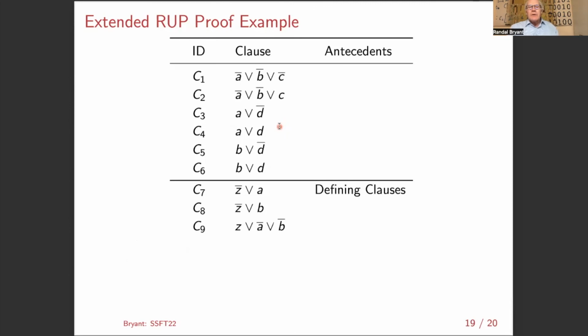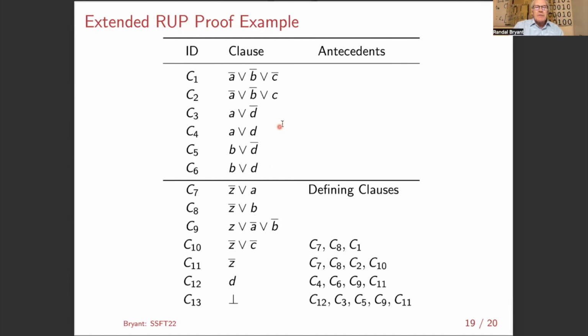And so the way I'll do this is I'll introduce clauses that encode Z if and only if A and B, which, as we've already seen, can be done with 3 clauses. And now in my subsequent proof steps, I can reference variable Z and apply, again, the RUP rule, potentially making use of the so-called defining clauses in my inferences, and again end up with an empty clause as my result.